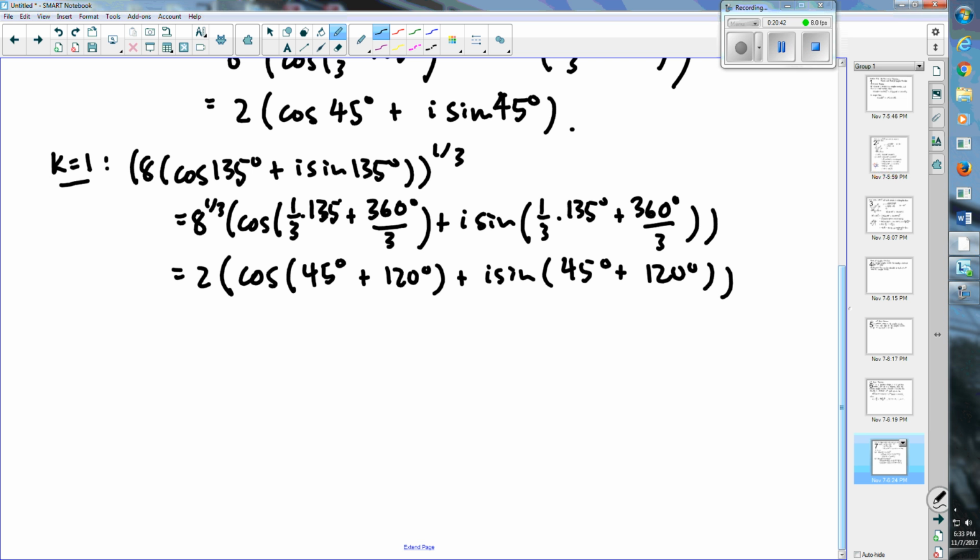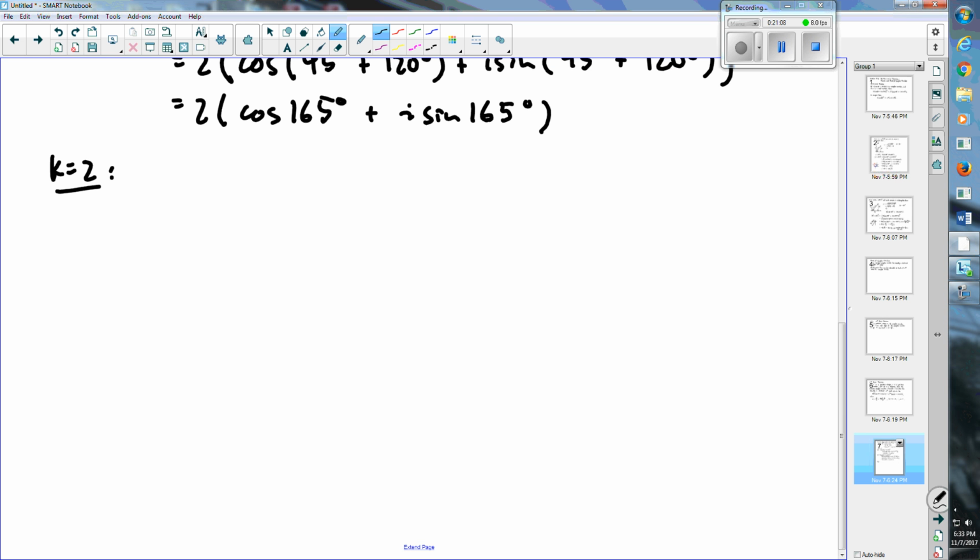Close the parenthesis twice. So we get 2 times the cosine of 45 and 120, which is 165 degrees, plus I times the sine of 165 degrees. All right, so let's go to k equal to 2.